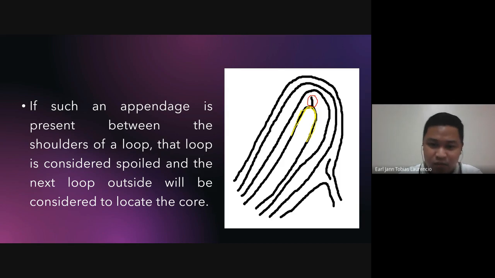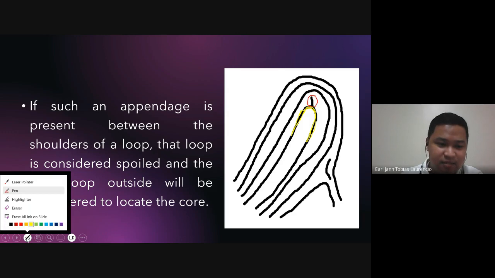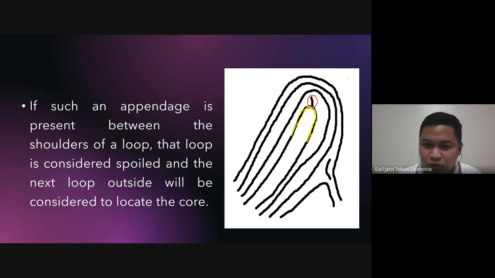So what is the rule? We will use the next loop outside in locating the core of the pattern. So where is that? Let me color it with color blue. On this loop, the one that I am coloring now with blue will be our reference point in locating the core of the pattern.